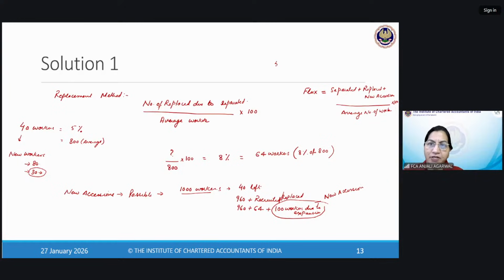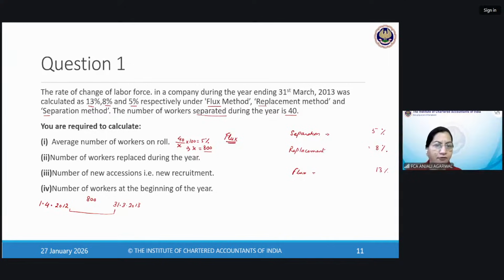As separation is 5%, replacement is 8%, and 5 plus 8% is 13%, and that is what the flux rate is. Rate of turnover due to flux is 13%. So it is indicative that there is no new accession. Why? Because you will have 40 workers left plus 64 replaced. This divided by average number of workers would remain the same. So this is the answer for flux.